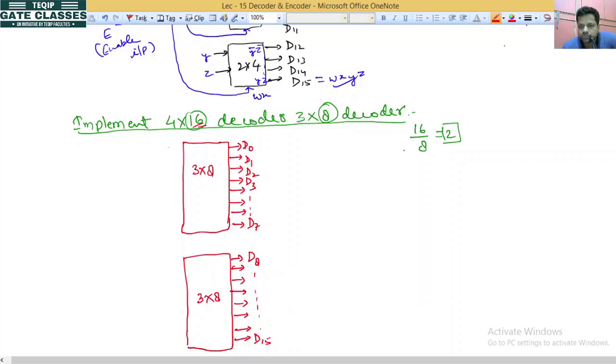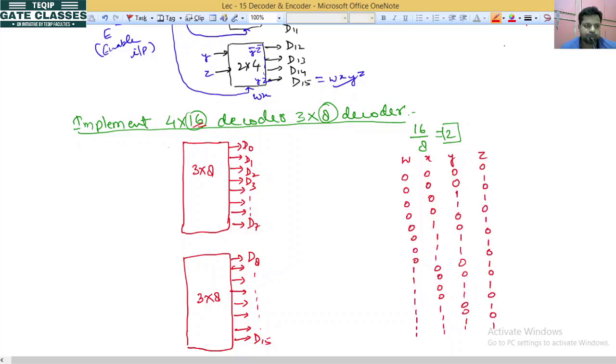Now if you again write the combination of 4 variables, you just divide it into 3 variables here and 1 variable here. Why are there 3 variables here? Because we have a 3x8 decoder. Now we divide it into 2 parts.